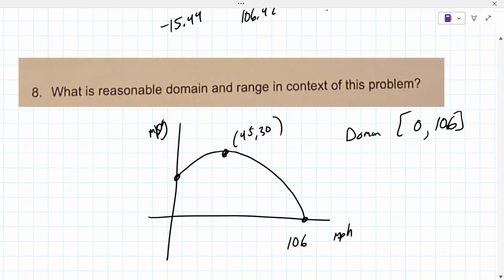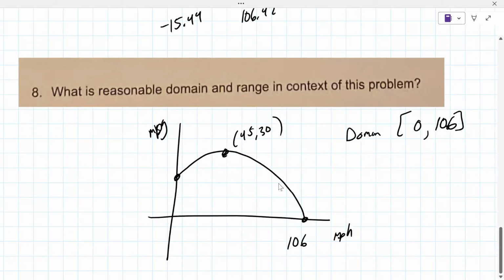That's right. It's not reasonable to have negative miles per hour. It's not reasonable to have negative miles per gallon.